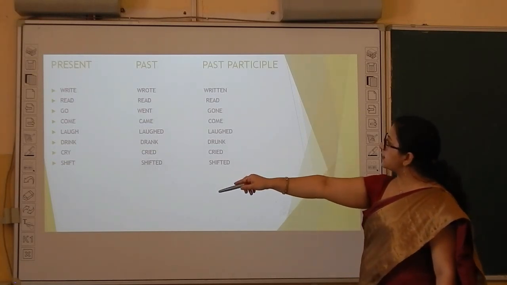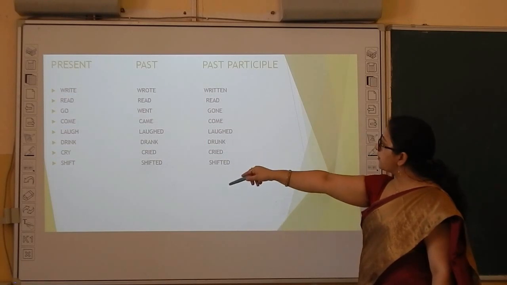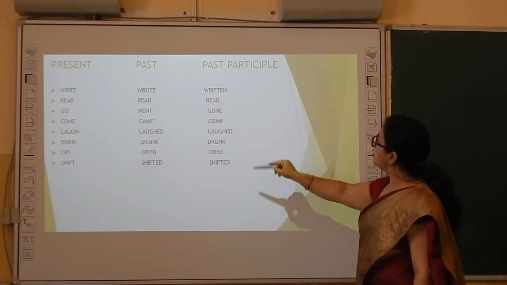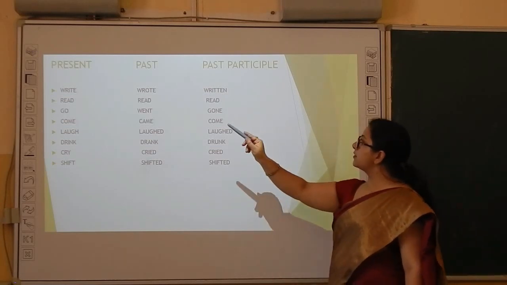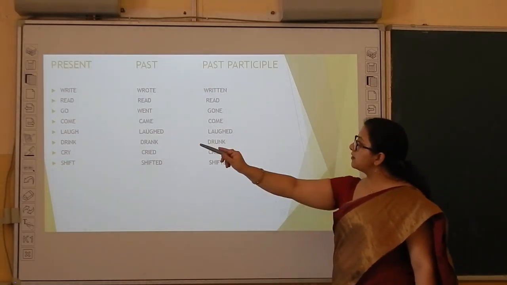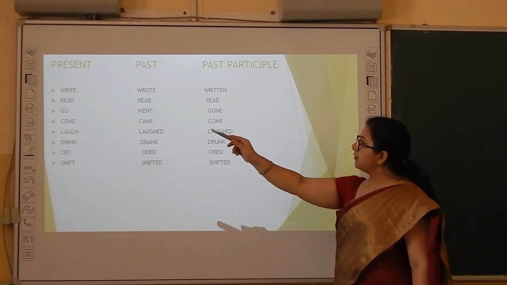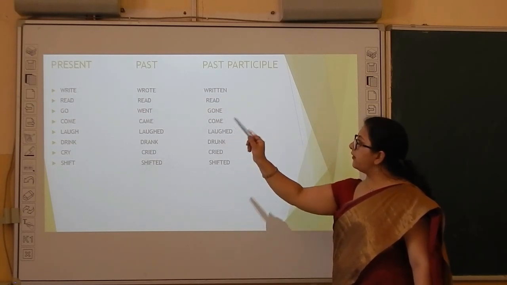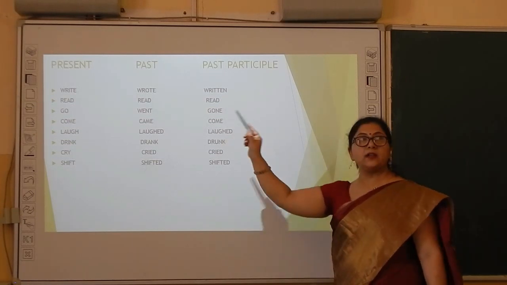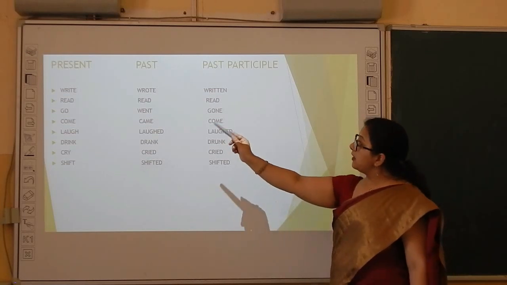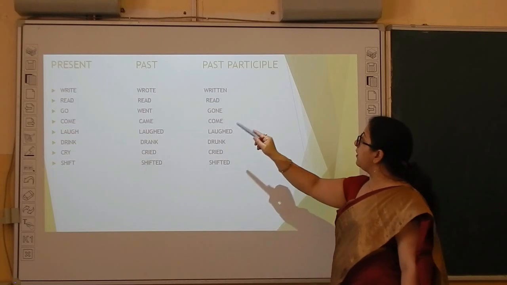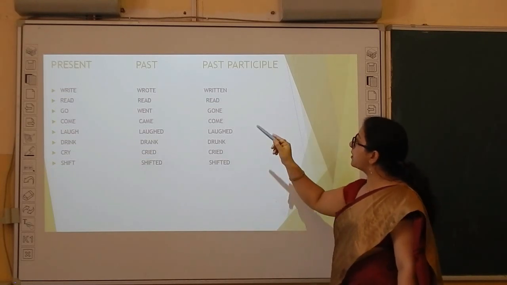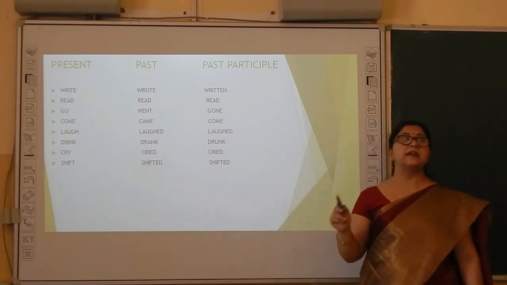All these are present forms, all these are past forms, and all these are past participle forms. Write, wrote, written. Read, read, read. Look at these words: read, read, read. The spelling in all the 3 words is the same. But in present form we would pronounce it read, and in second and third form or past participle form we would pronounce it red.